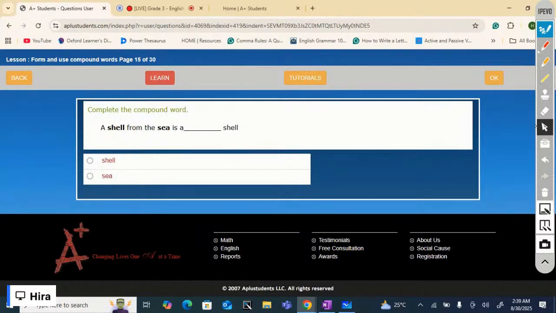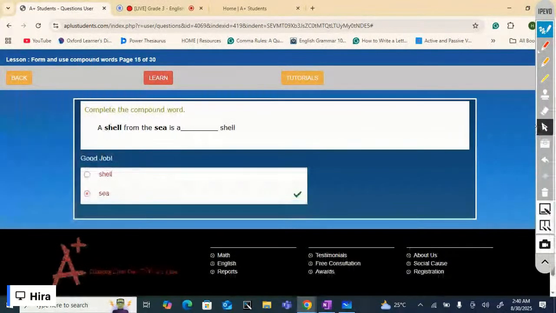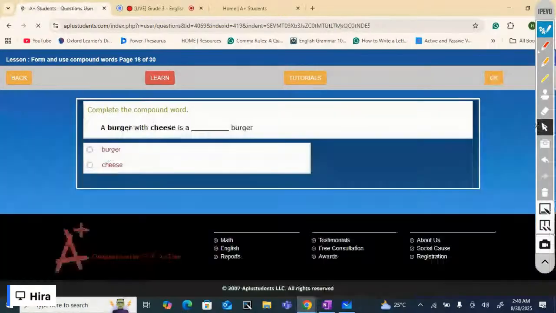A shell from the sea is a seashell. C is missing in this compound word. A burger with cheese is a, yes, cheeseburger.